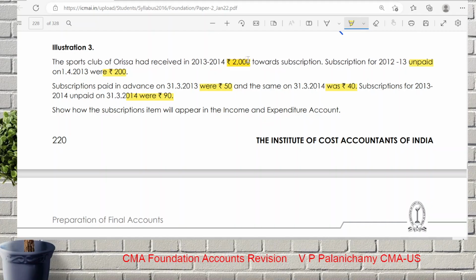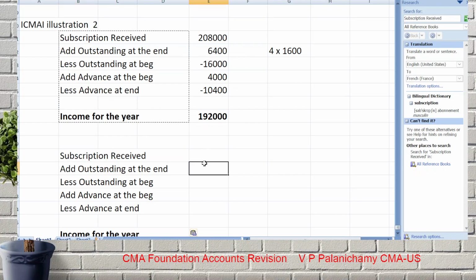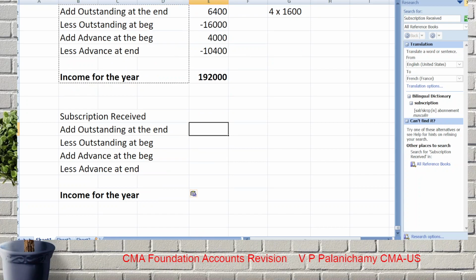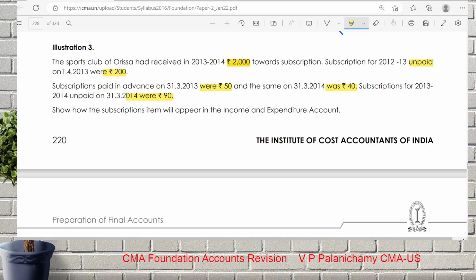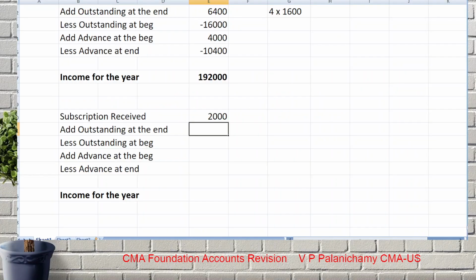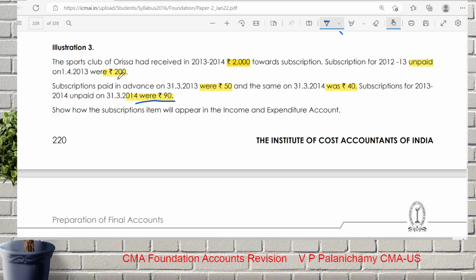What is income received for the year? 2,000. Income received for the year is 2,000. Look at outstanding at the end of the year. What is outstanding at the end of the year? 90. Outstanding at the beginning of the year is 200.